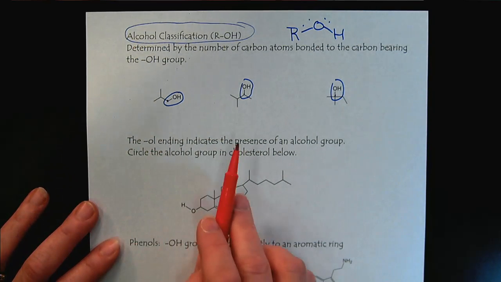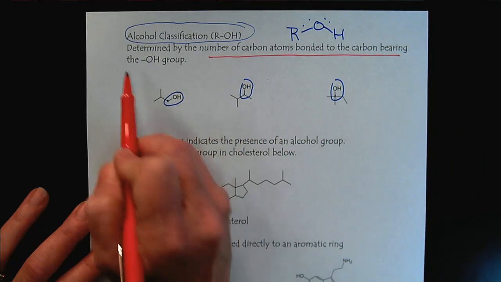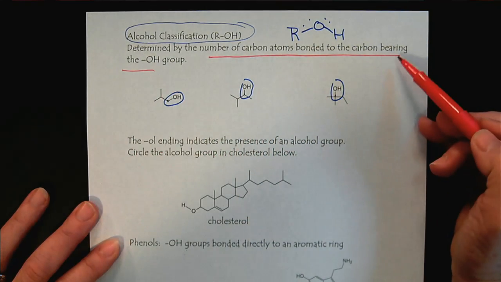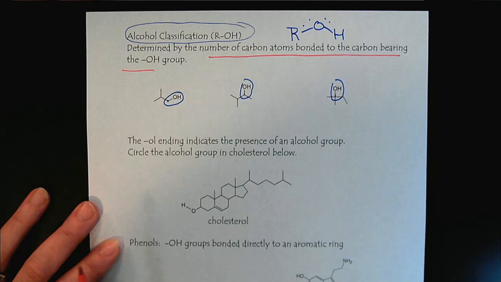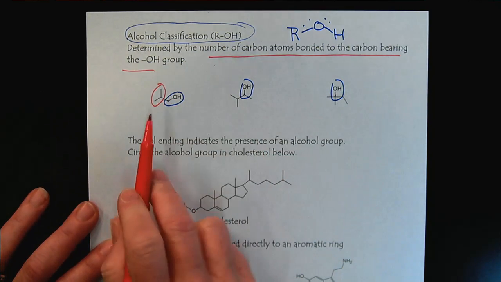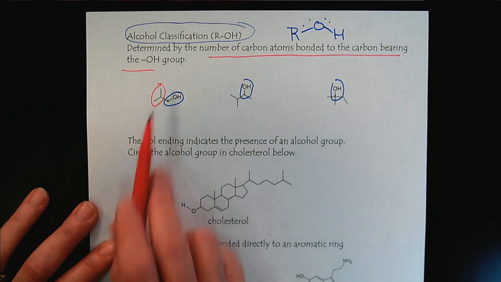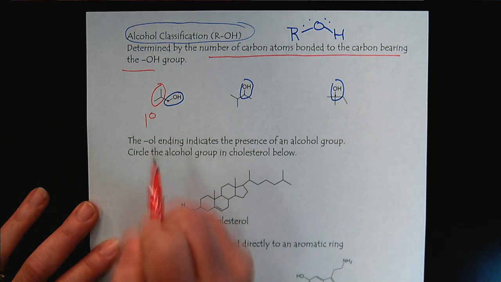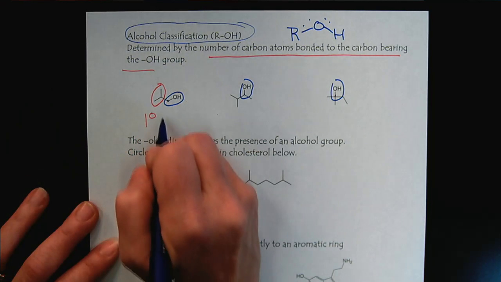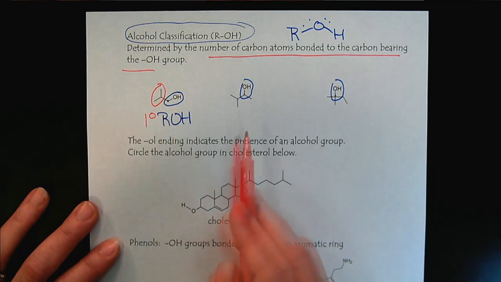So the classification comes from the number of carbon atoms bonded to the carbon bearing the OH group. So if we look here, we see that this carbon is only bonded to one other carbon. We would describe this as a primary alcohol. And so now let's compare this to the next compound.